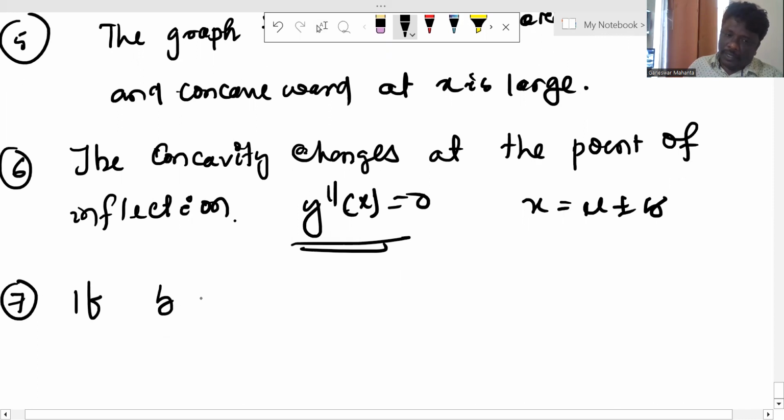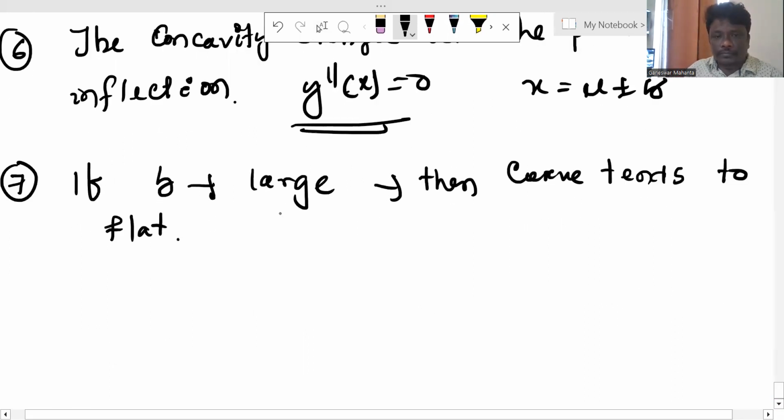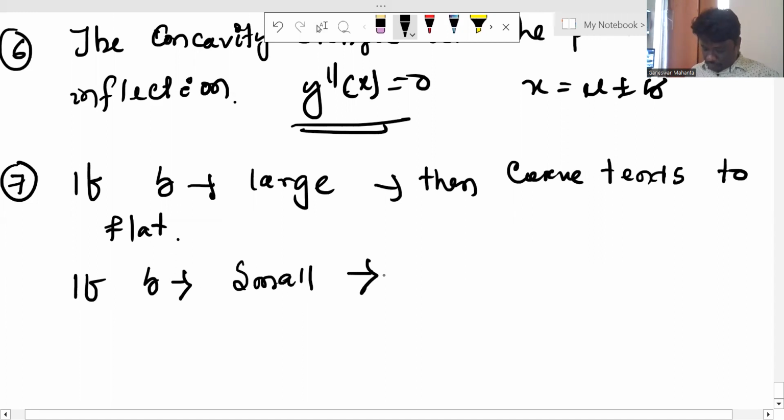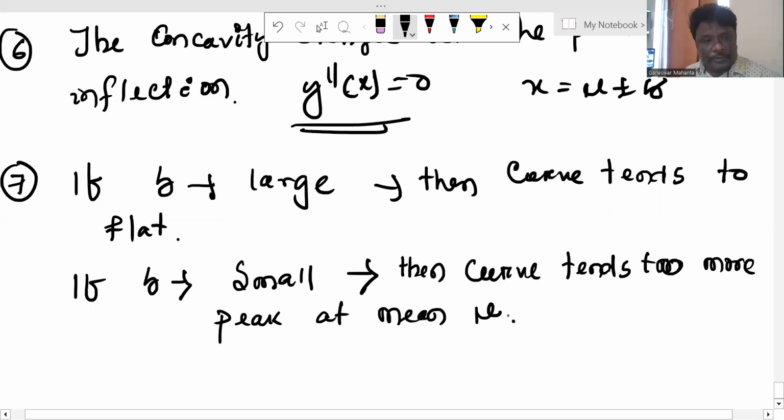If sigma is small, then the curve tends to be more peaked at the mean. The curve tends to be more peaked at the mean.